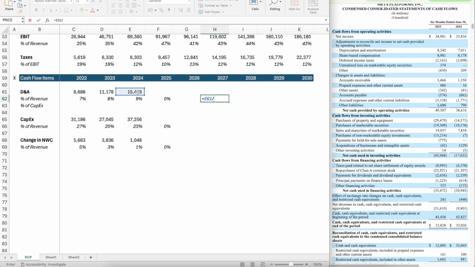Divided by 7011, 2.21 equals 8242 multiplied by 2.2105. So it's staying roughly in line. And also we want to know what the depreciation and amortization is relative to the CapEx.